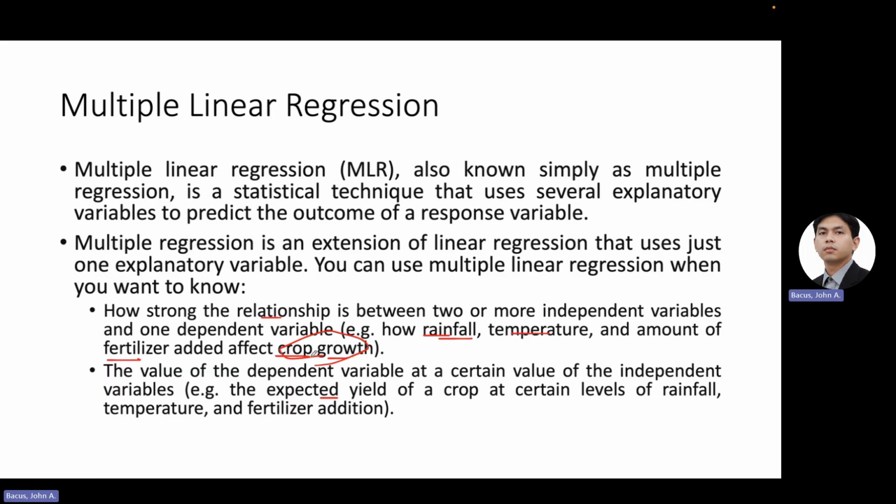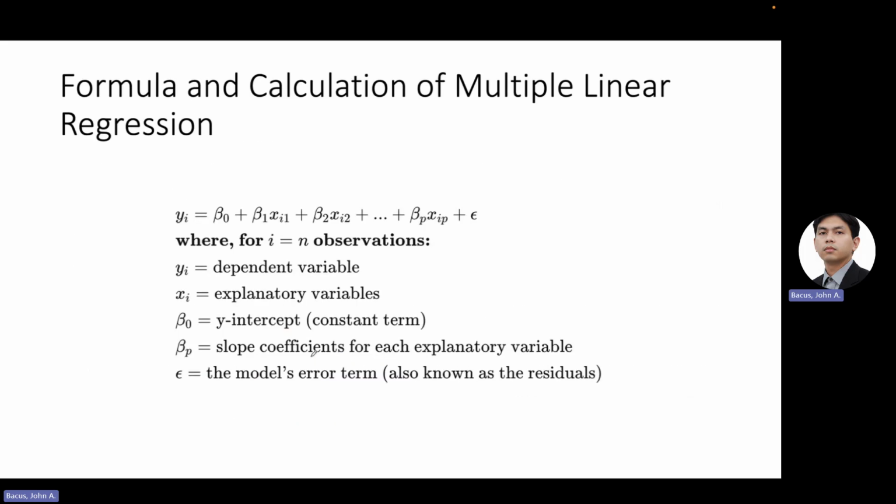For example, we found a very weak relationship between the crop growth and the independent variable temperature. So meaning to say, there is really no relationship between temperature and crop growth. So we remove temperature, of course, from our final model.